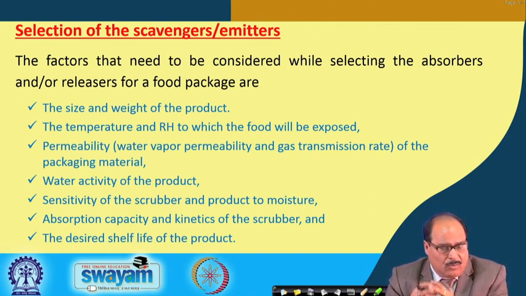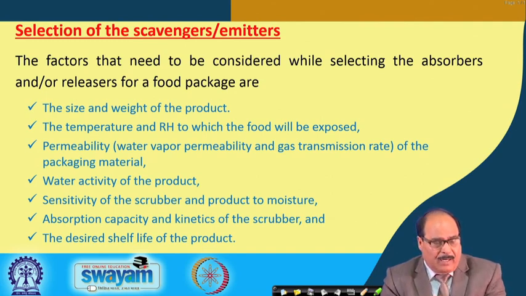These factors include size and weight of the product, the temperature and relative humidity to which the food will be exposed after packaging, permeability, that is the water vapor permeability or gas transmission rate, etc., of the packaging material, water activity of the product, sensitivity of the scavenger and product to moisture, absorption capacity and kinetics of the scavenger, and the desired shelf life of the product.